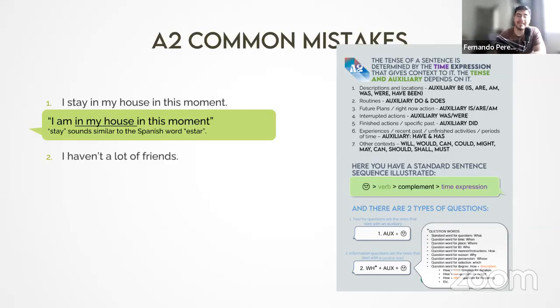Tell me in the chat directly to me why this is incorrect. 1, 2, 3, action. Very good.